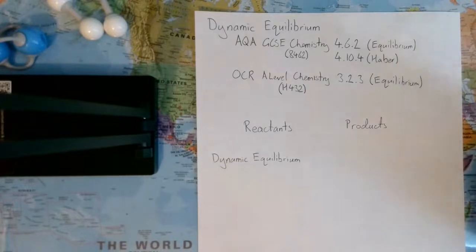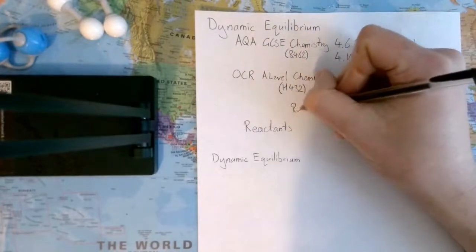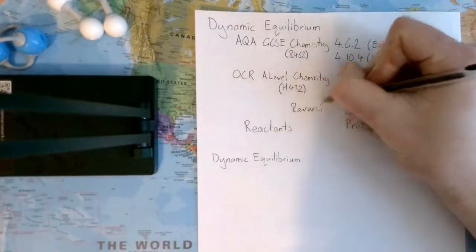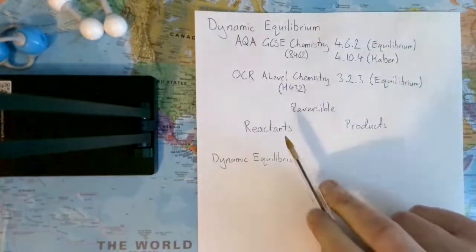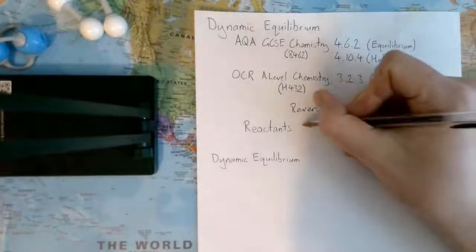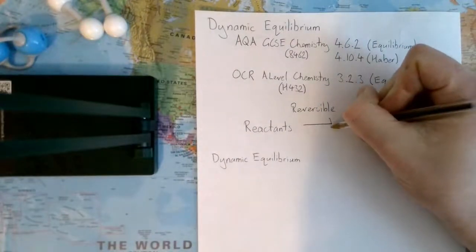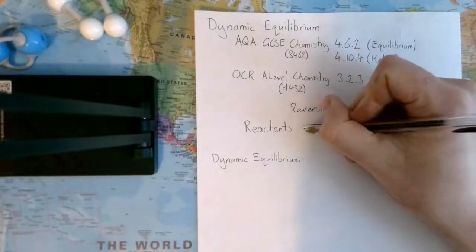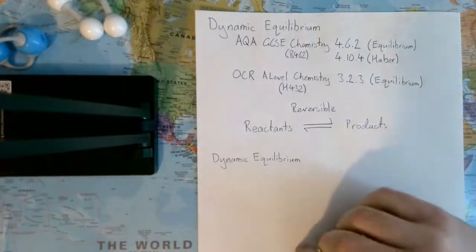Right, so what we're dealing with when we have equilibrium is a special type of reaction which is reversible. And what that means is that instead of the standard reaction where reactants turn into products, these products can react together and reform the original reactants.